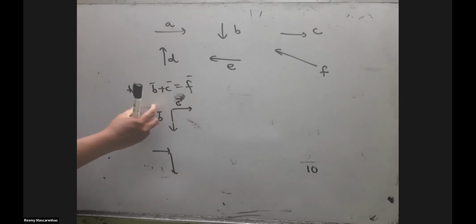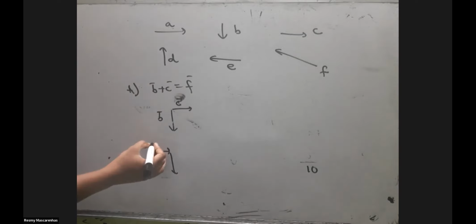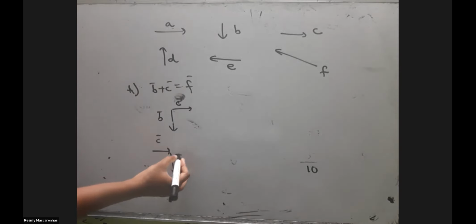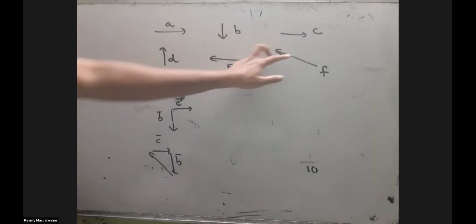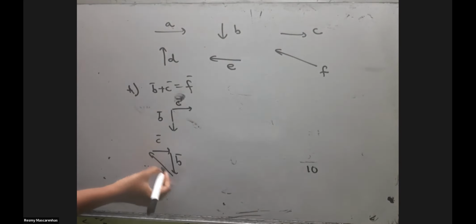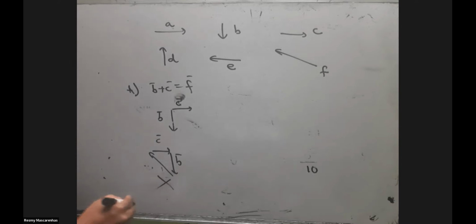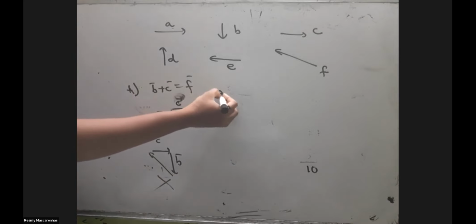I just brought it this side, I'm not changing the direction. Now, is it equal to F bar? The arrow should have been on the other side. So this is not working, because it has to start from the tail and go towards the head. The second option.